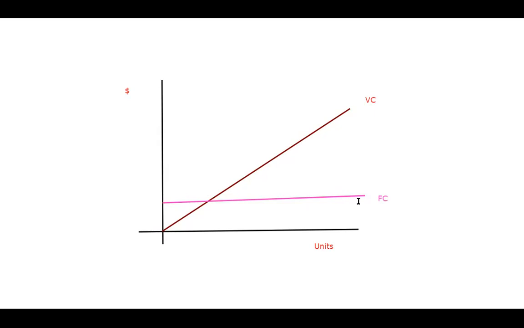What will be our total cost? Total cost will be the combination of fixed cost and variable cost. So total cost will actually start from here. So this is our total cost. It will be exactly, I'll try to give the same slope. You cannot copy this, right? Anyway, it doesn't matter. I'll draw one.